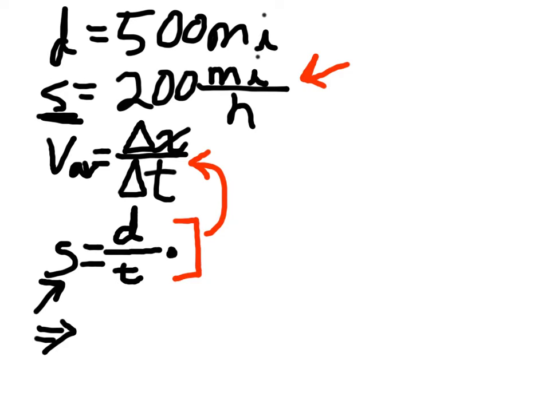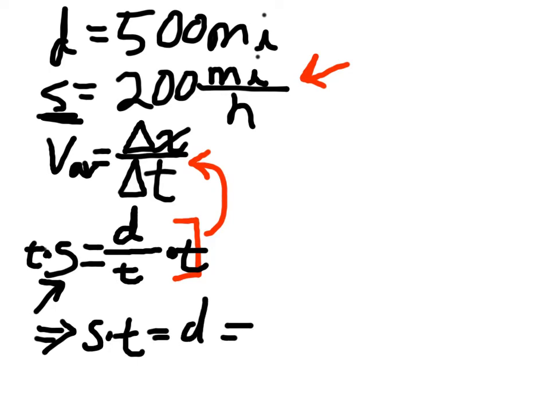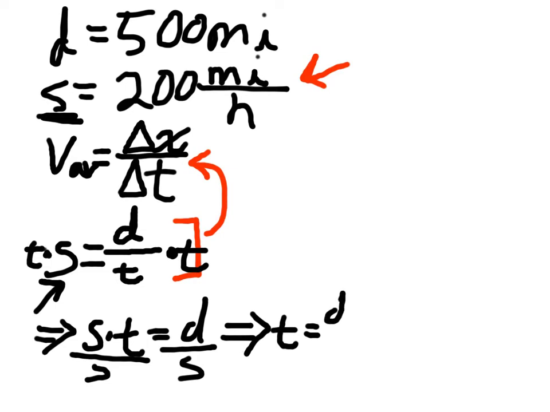If I were to multiply by t on both sides of this equation, that would at least get t out of the bottom. So now I have s times t equals d, and I can take that and divide by s, and I get time equals distance over speed.